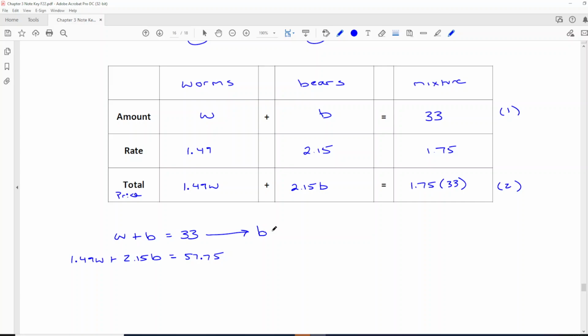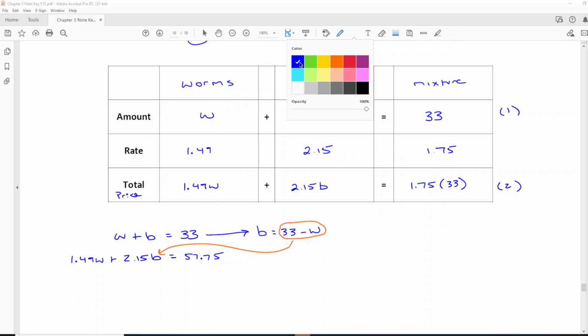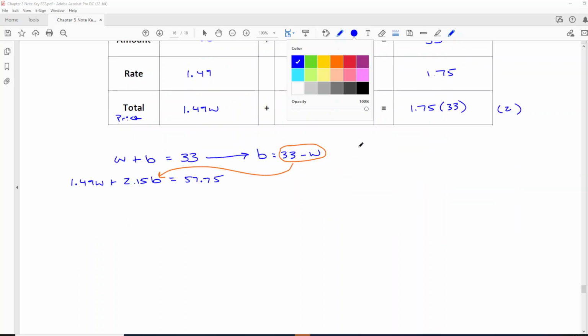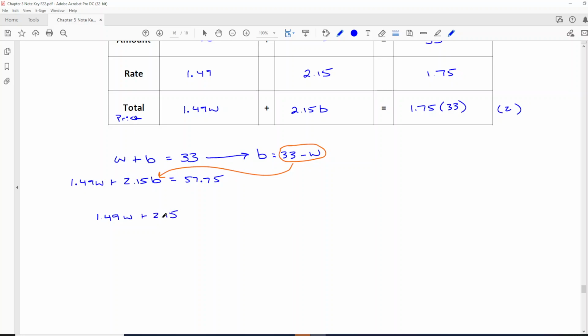So I'm going to say B equals 33 minus W. Now I'm going to take this 33 minus W and plug it in for B. I'm solving by substitution, but elimination is awesome as well. So now I've got 1.49 W plus 2.15 times 33 minus W is equal to 57.75.